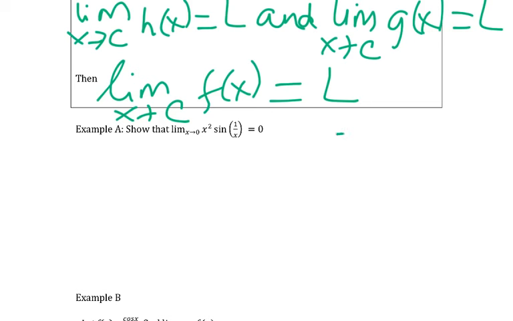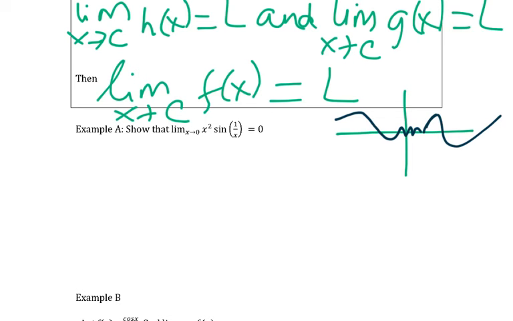If you take out your graphing calculator and graph this function, we can see that it looks something like this, somewhere in the middle. Now the problem is we cannot conclude that the limit is 0 just by looking at this graph.